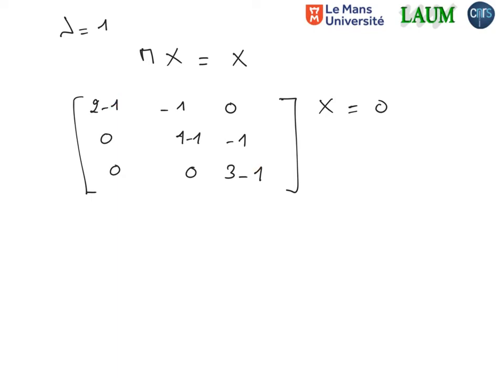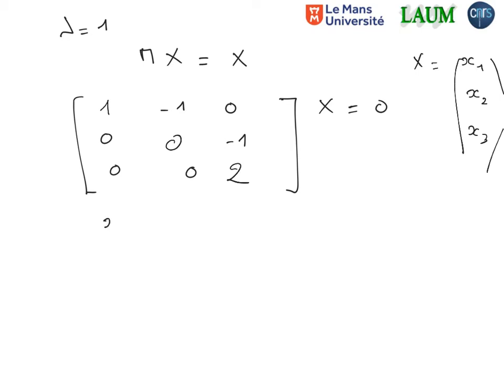If we replace these by 1, 0, and 2, and if we write x as x1, x2, x3, we can see that the first equation reads x1 minus x2 equal to 0.